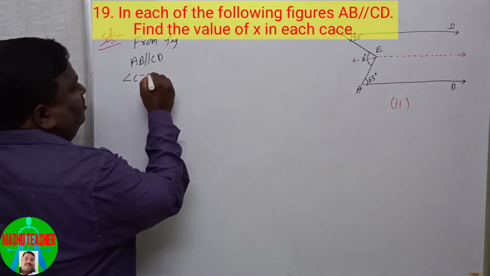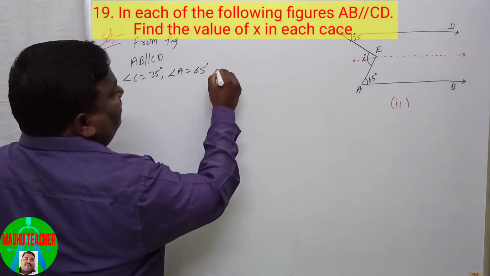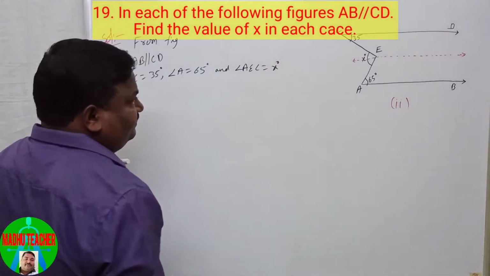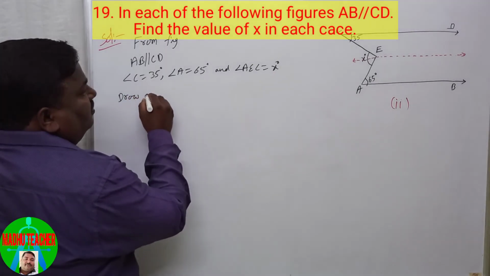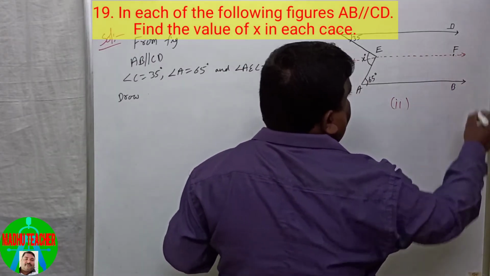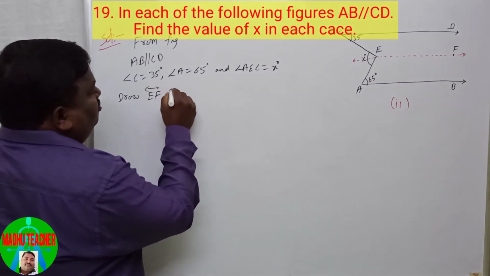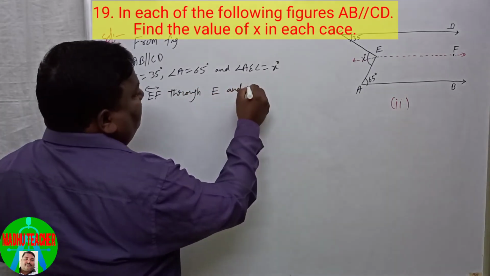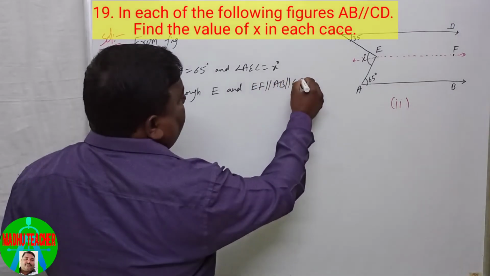Angle C equal to 35 degrees, angle A equal to 65 degrees, and angle AEC equal to x degrees. So what do we draw? Draw EF, that I am taking as F, through E, and EF parallel to AB parallel to CD.